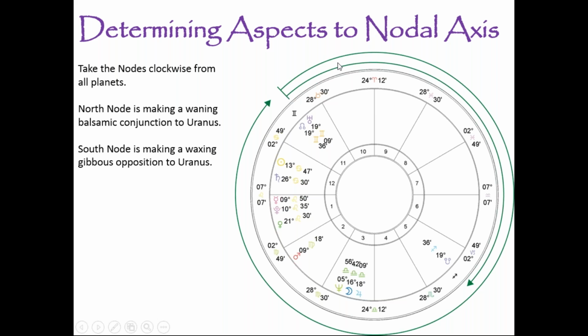And you start with Uranus and you go all the way to this south node. The south node is 19 degrees 36 minutes. If we went all the way and reversed to 19 degrees 9 minutes, it would be an exact opposition of south node to Uranus. It's not exact. It's going backwards, and it's not quite reversed back to 19 Sag 9 minutes.